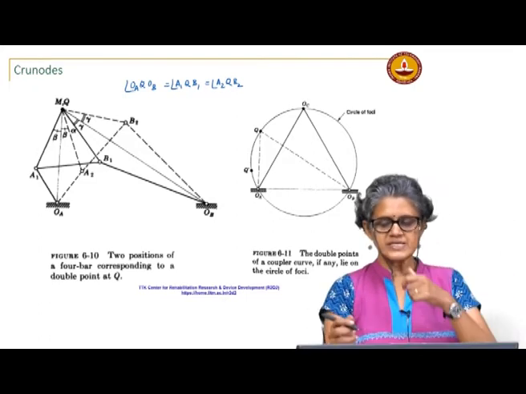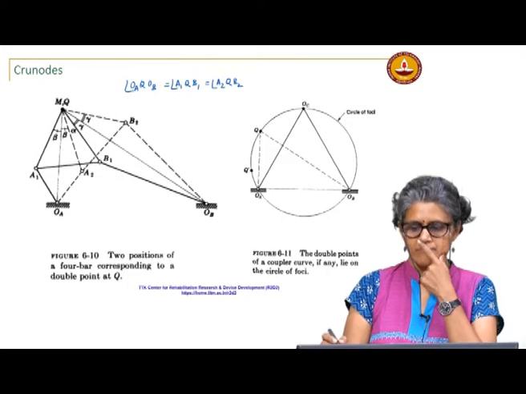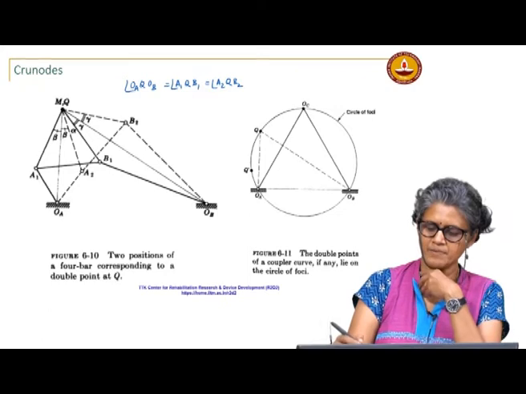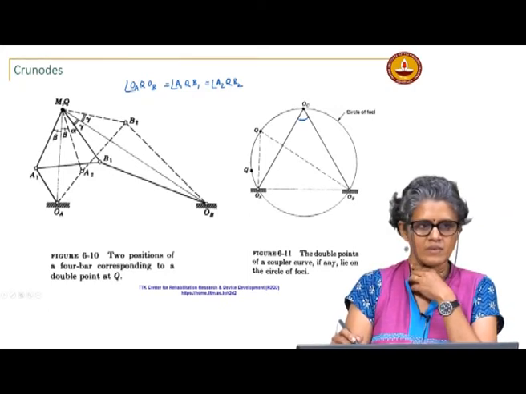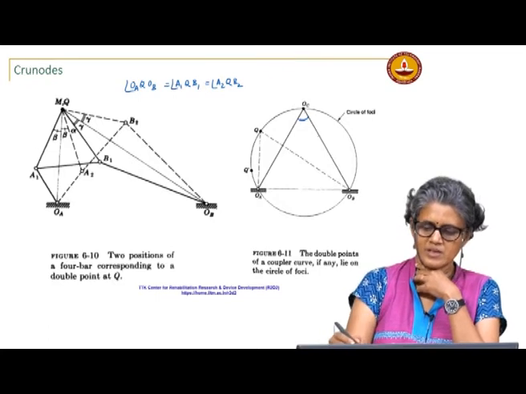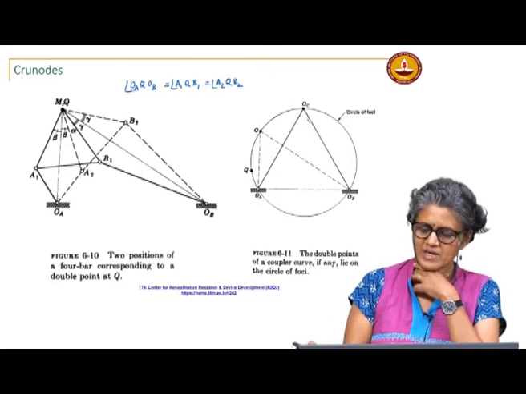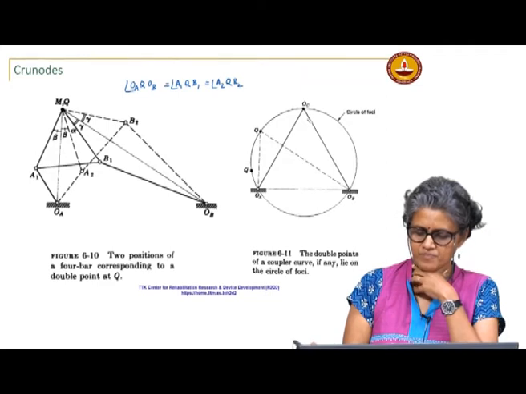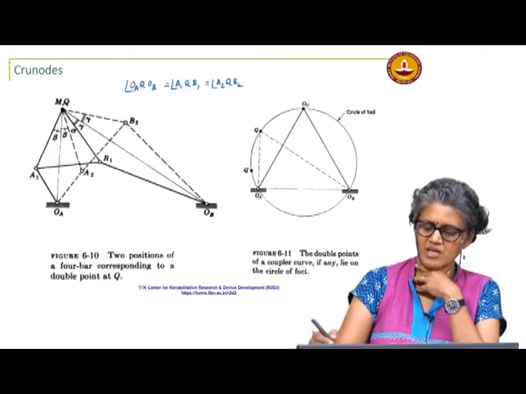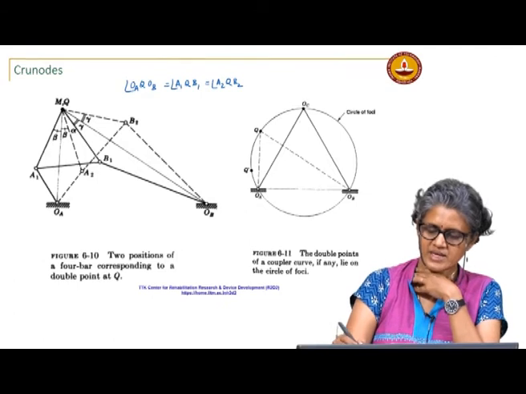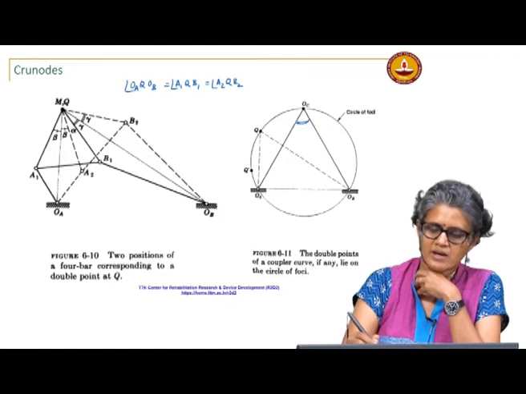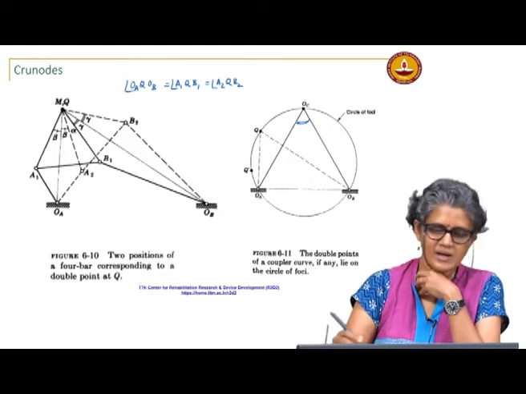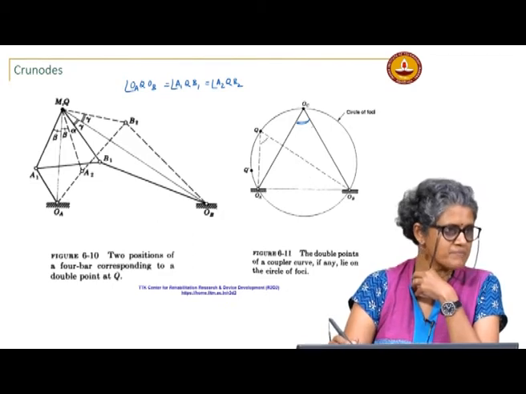Now, if I draw a circle where this is the angle subtended at the circumference, then I can pick any point there and it will have the same angle.